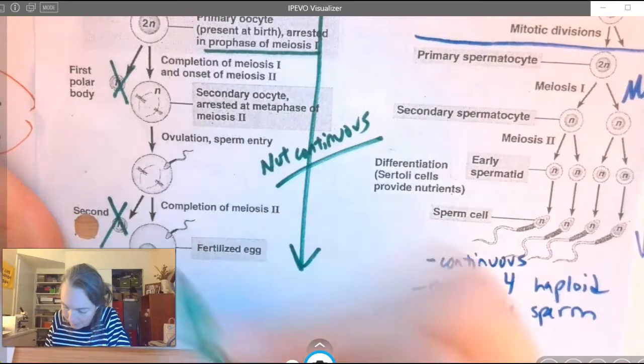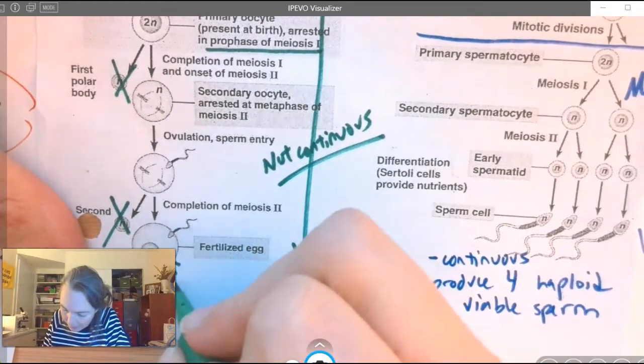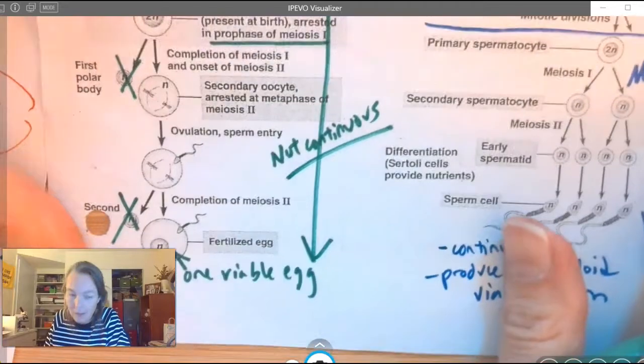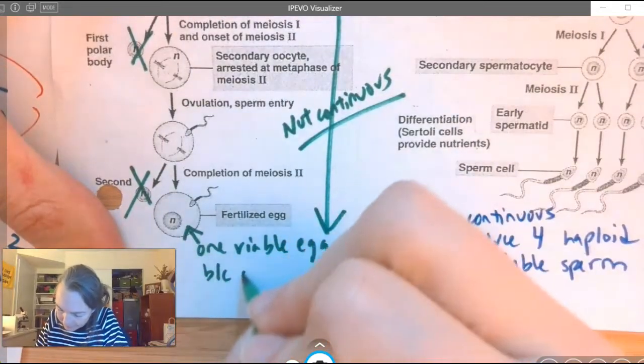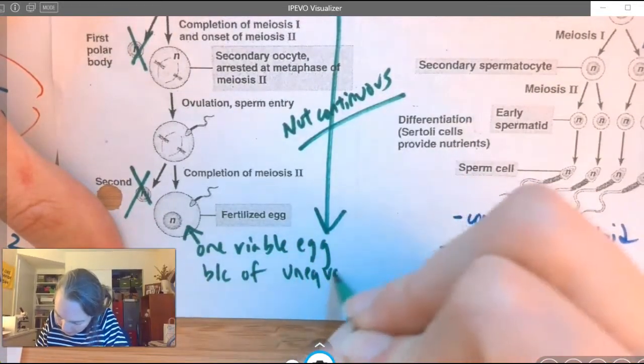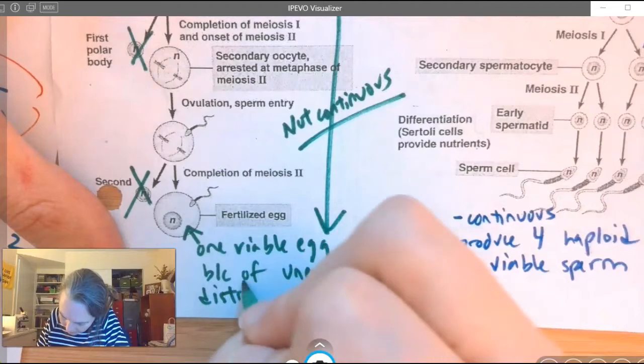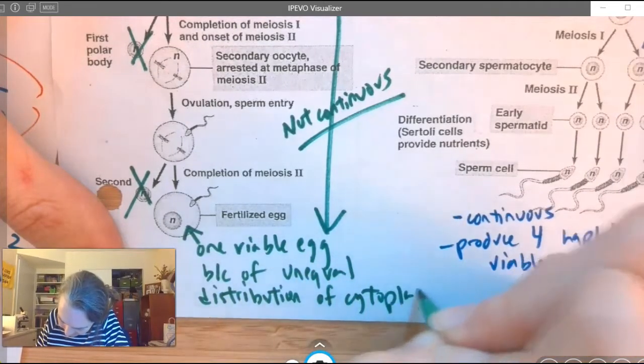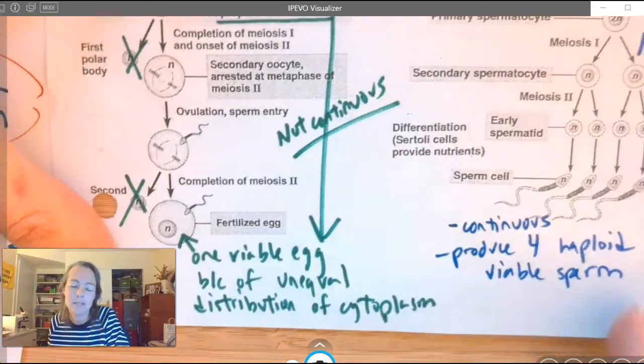This becomes a second polar body. So you actually only end up with one viable egg, because of unequal distribution of cytoplasm. Okay, so it's a little bit different.